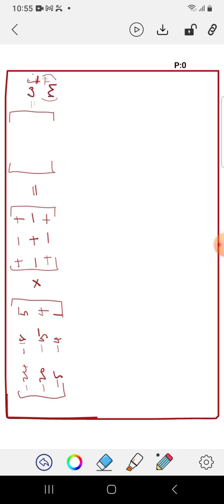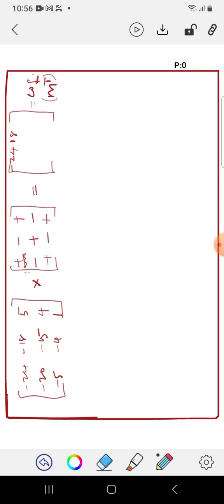So that's the adjugate of M transpose. So minus 24 times plus 1 would be minus 24. Minus 18 times minus 1, plus times minus, that's going to be 18.